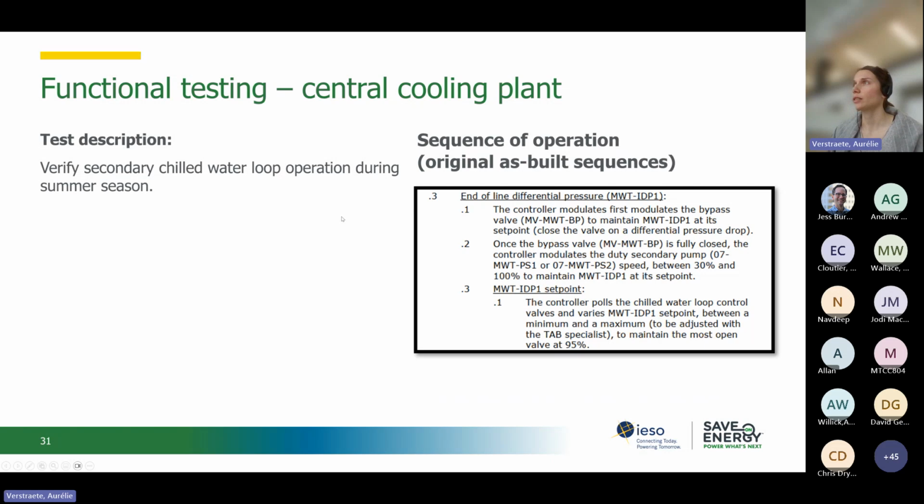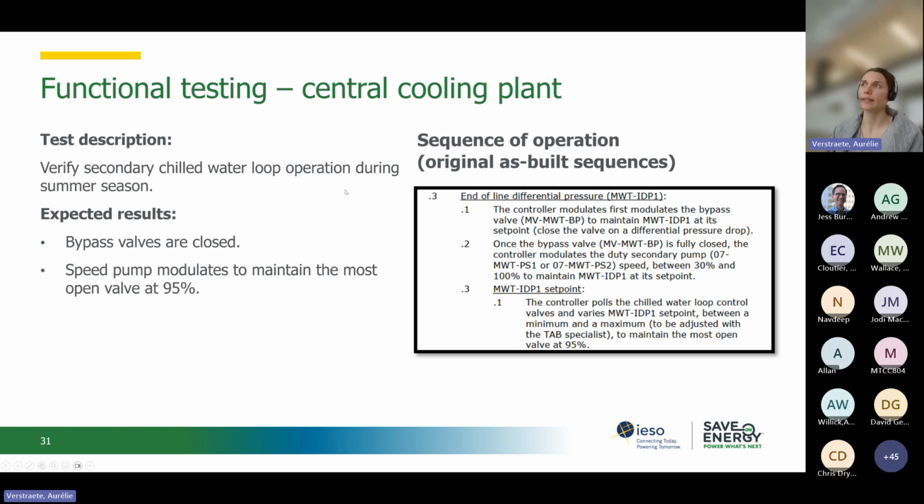Your comparison is still the sequence of operation, maybe original or modified, and the commissioning provider will document what results are expected before the tests. So you expect that bypass valves are closed here, and a variable speed pump will modulate to maintain the most open valve at 95%.